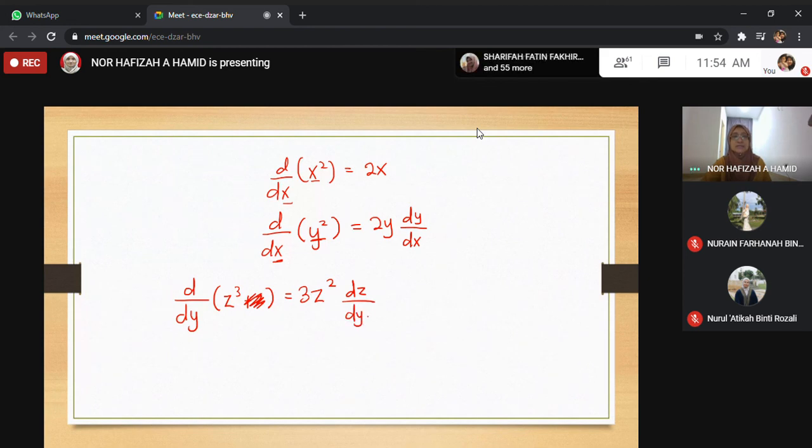Ni kalau ada different variable, you nak differentiate dia z respect to y. Sama juga kalau you ada y respect to x. So yang belakang ni dia refer pada you punya variable. Dia dz over dy sebab differentiate z respect to y. Okay, so ini untuk implicit differentiation lah.